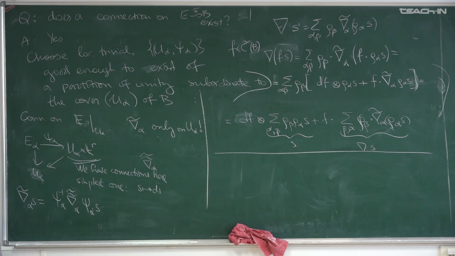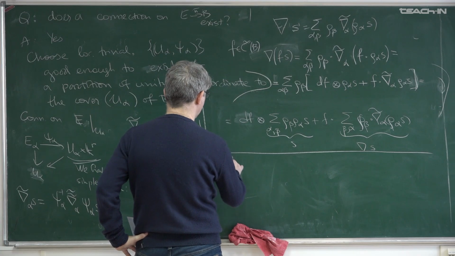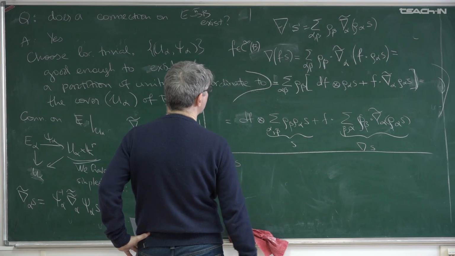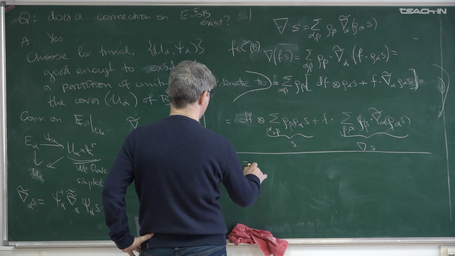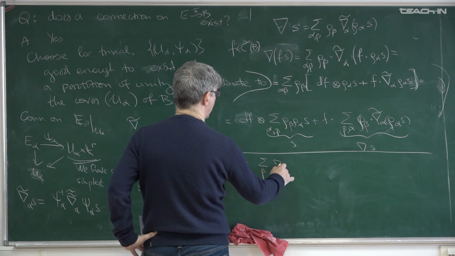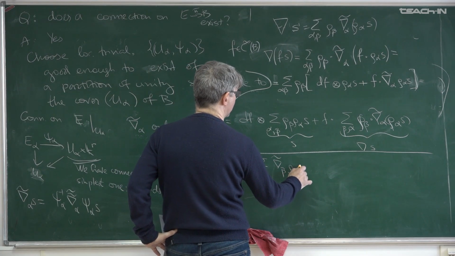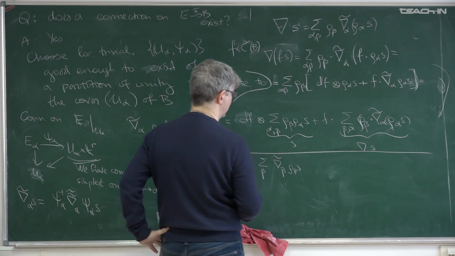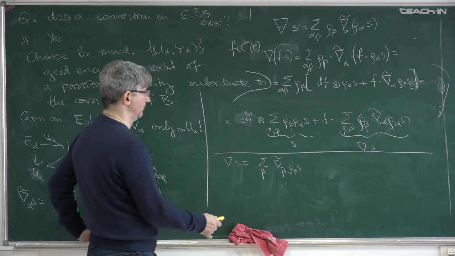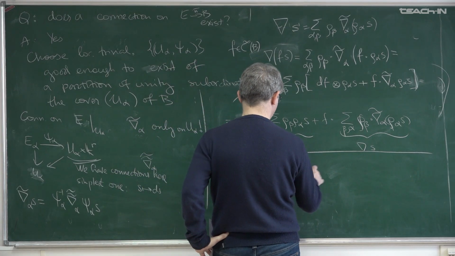So I proved the Leibniz identity. So this is a connection. It exists. Now we check the formula which was suggested by Zhenya. So multiply this by function f.